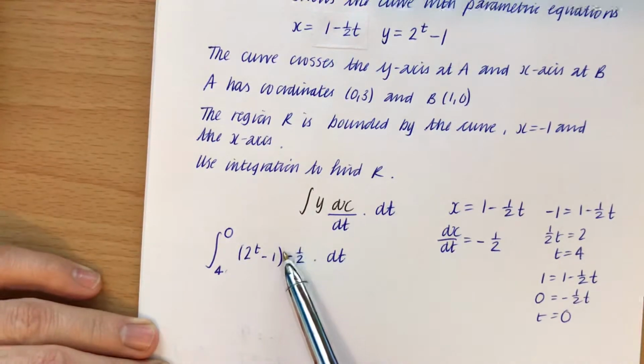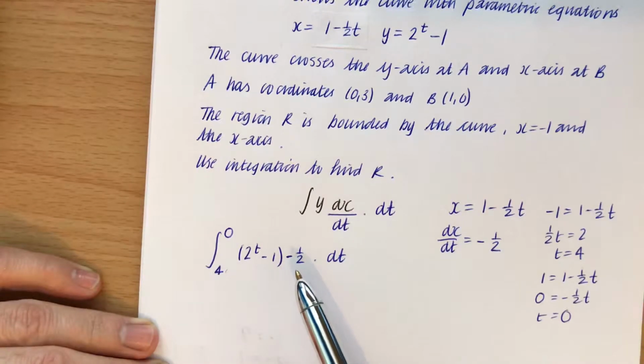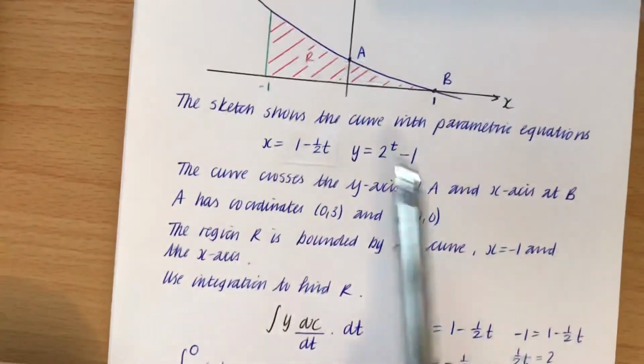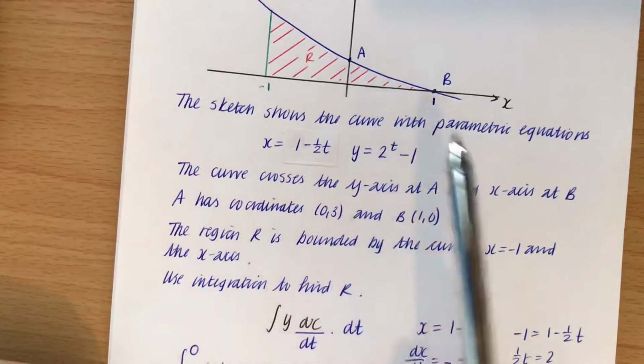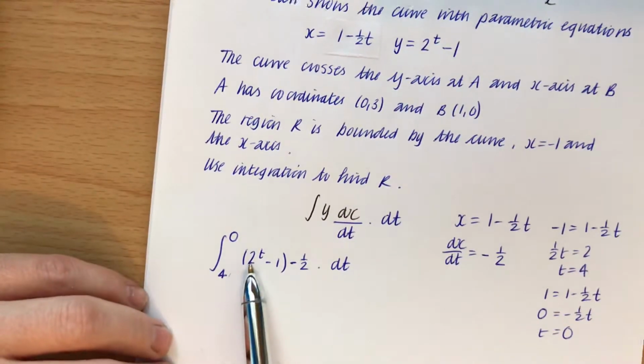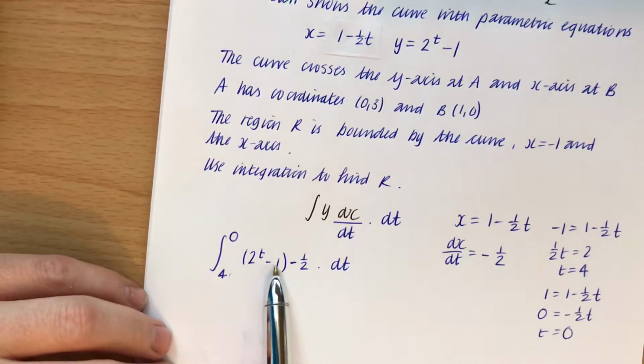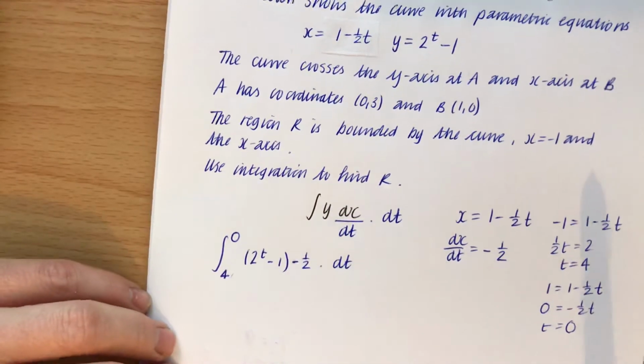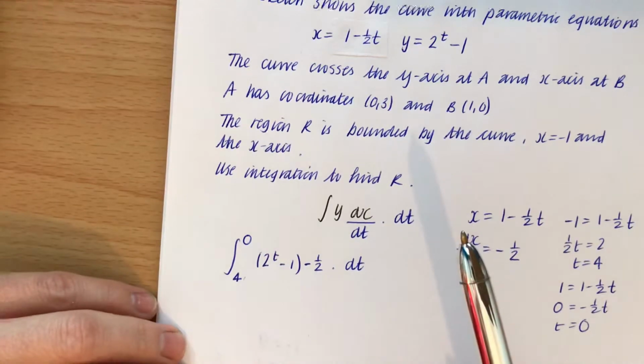Now, we are timesing here by minus a half. Because the region is above the curve here, we presume that this is a positive area. So when we sub into the integral here, this must be negative times negative to get us a positive. So there's a lot of negatives going on there.